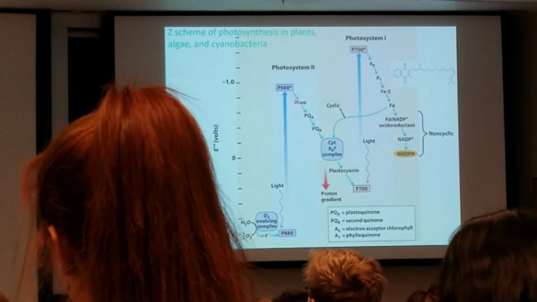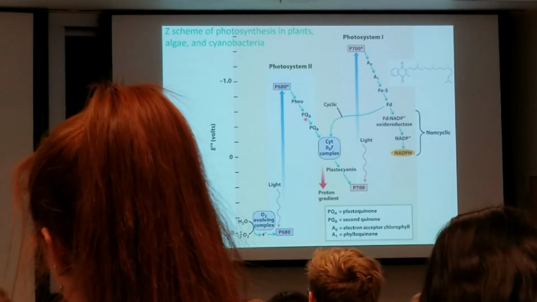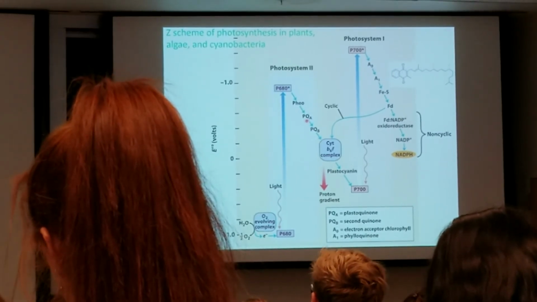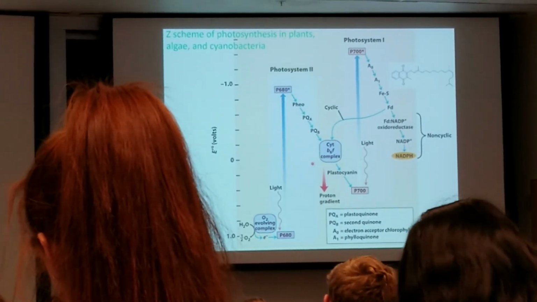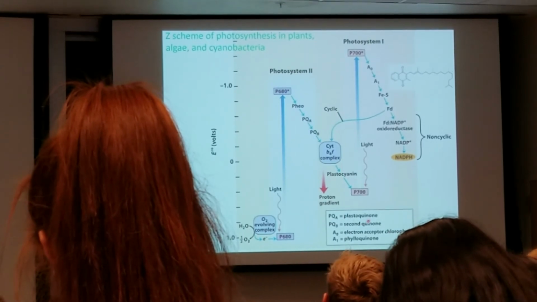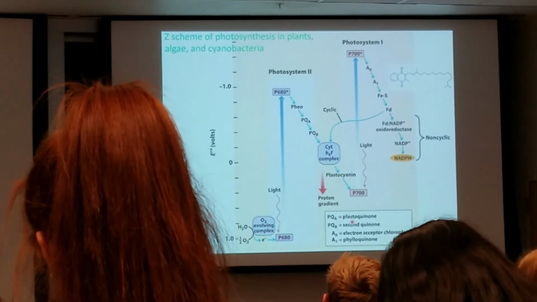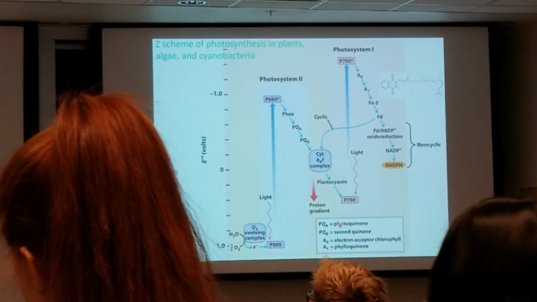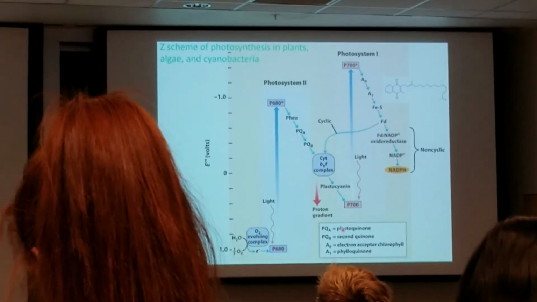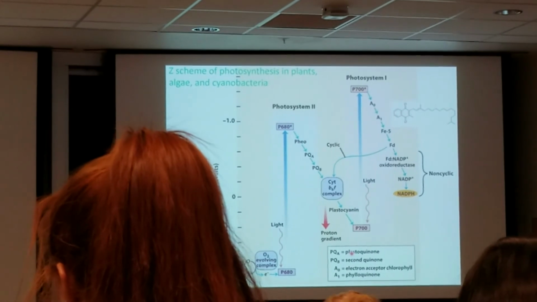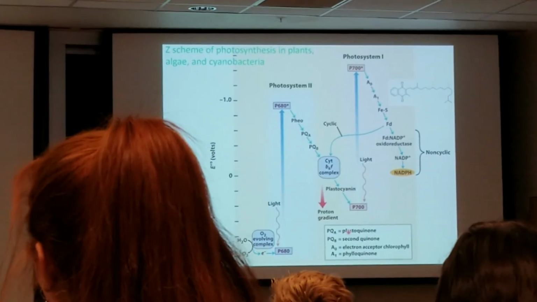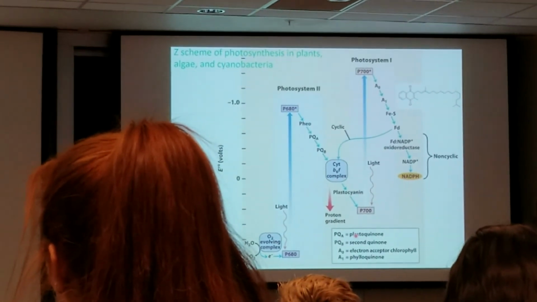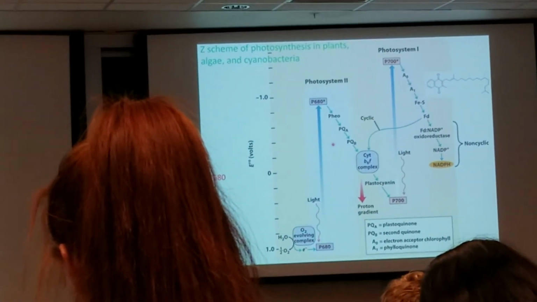That can go to pheophytin, then it can go to something called plastoquinone A. PQA down here is plastoquinone. This molecule, as I'll show you in a future slide, looks a whole lot like coenzyme Q. But it's the plant version. When you see plasto, that means plant, or chloroplast version.